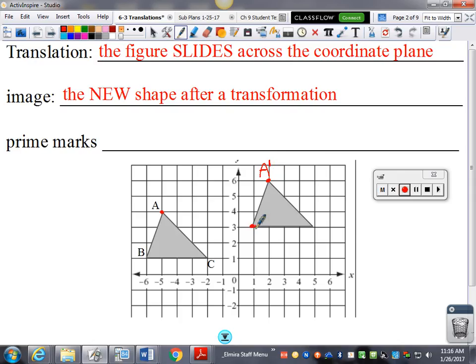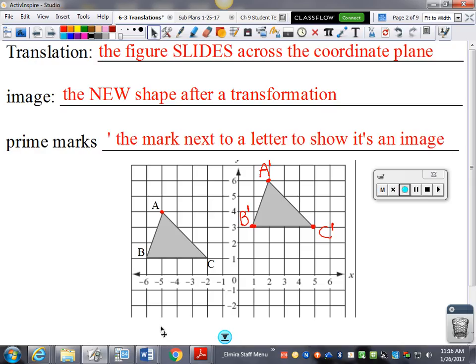This is the new B, so we'll put a capital B with that prime mark. This is the new C, and we'll call that C prime. That's how we say it: A prime, B prime, C prime. The prime mark looks like an apostrophe. It's the mark next to the letter to show that it's an image.